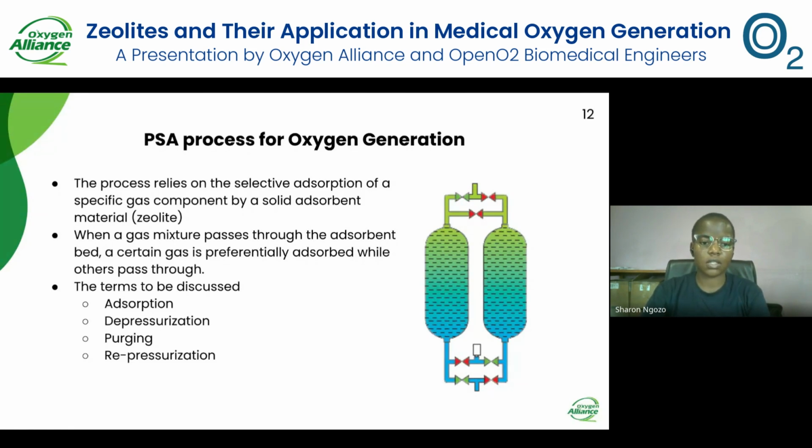As you can see in the diagram on the slide, we have two zeolite columns, and the process switches from one zeolite column to the other. When a gas mixture passes through the zeolite columns, or the adsorbent bed, certain components are preferentially adsorbed while others pass through. So a certain gas is adsorbed while the other gas is allowed to pass through.